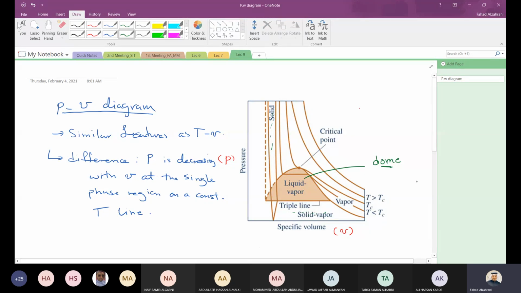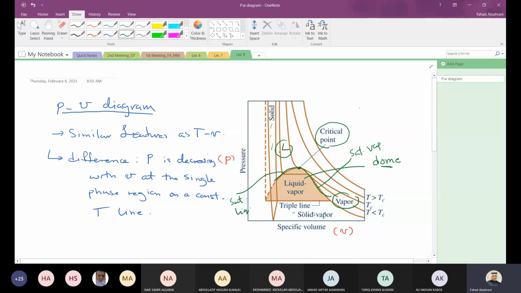So we have the dome, which is the liquid vapor dome, and then we have a liquid region here, and I have also a vapor region. I have also the same critical point here. I have this line which is the saturated liquid line, and also this other line which is the saturated vapor line.